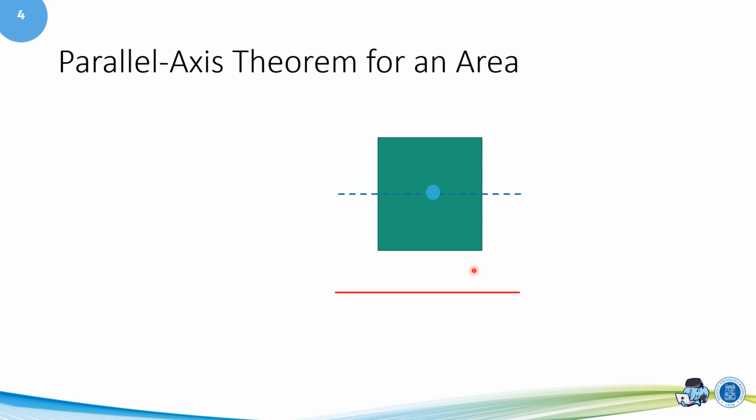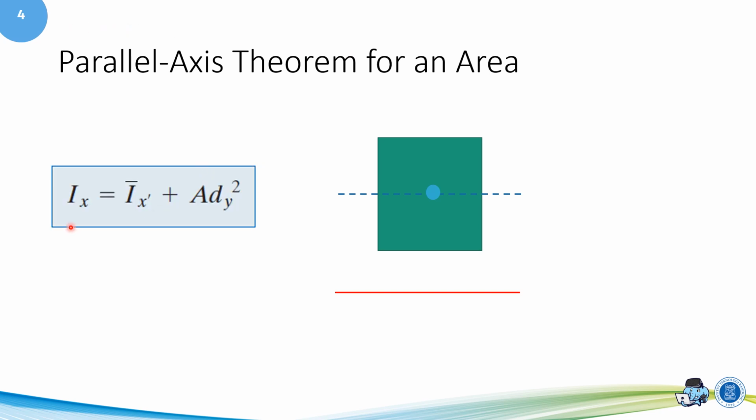If we want to find the moment of inertia of this shape against the red axis, we can use the parallel axis theorem, which states that the moment of inertia against another axis is equal to the moment of inertia of the shape against the axis through the centroid, plus A multiplied by dy squared, where A is the area of this shape and dy is the distance between both axes.